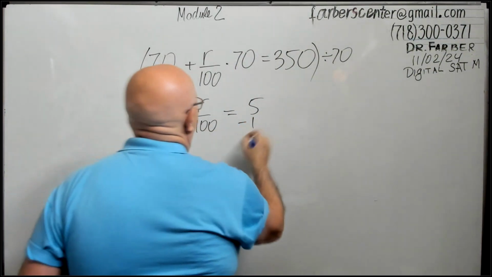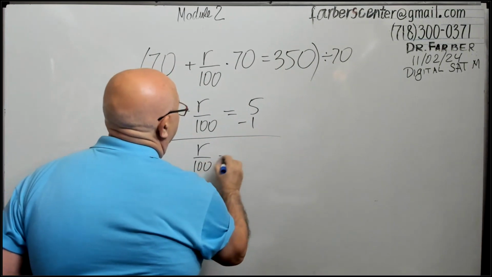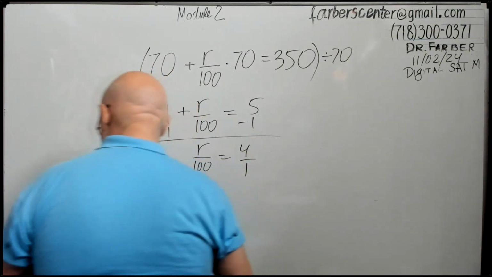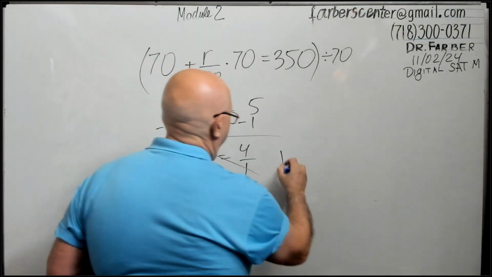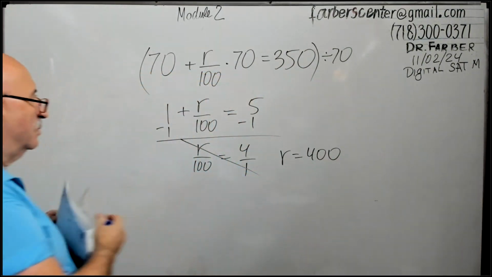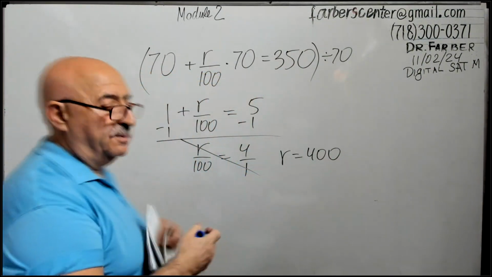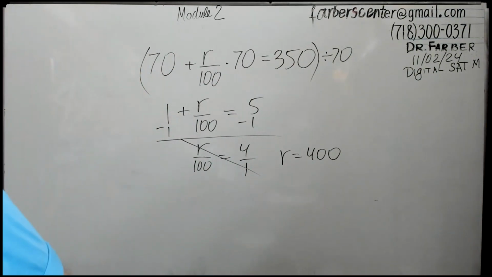Minus 1, R over 100 equals 4 over 1, right? And R equals 400%, obviously, right? Who understands everything up to this point? Good, good, good.